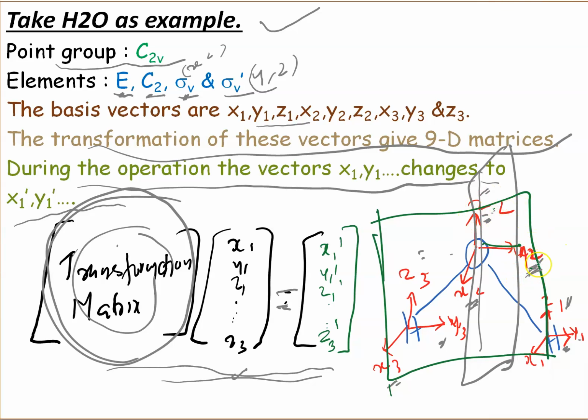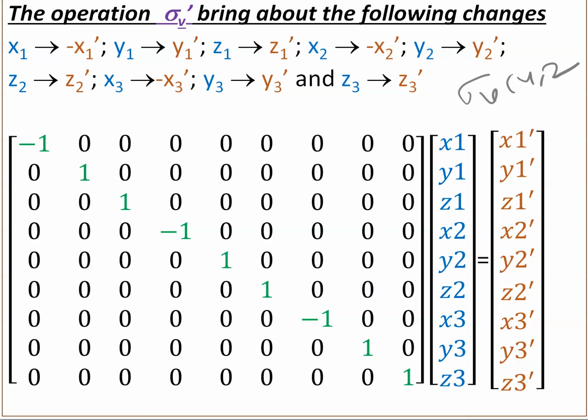Okay, sigma v dash. Only the X vector changes its sign. So all the characters of Y and Z are 1 and all the characters of X will be minus 1. Okay, we can see here X1 minus 1, Y1, Z1.